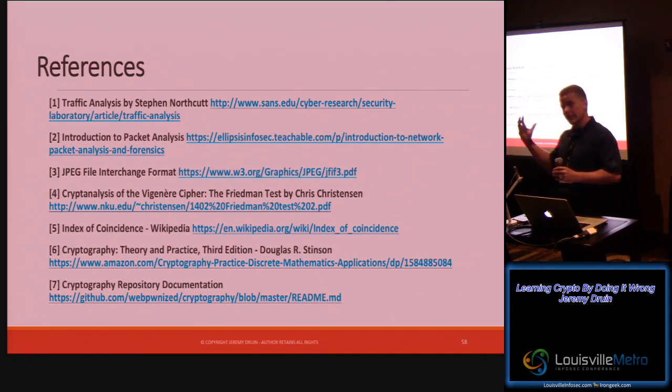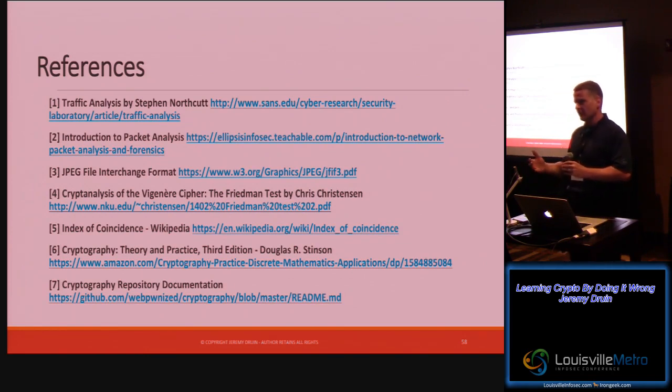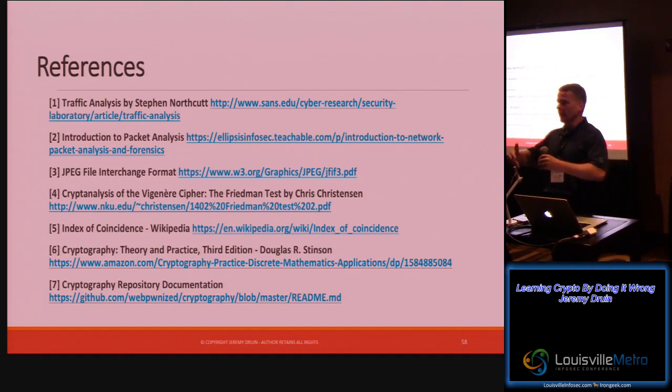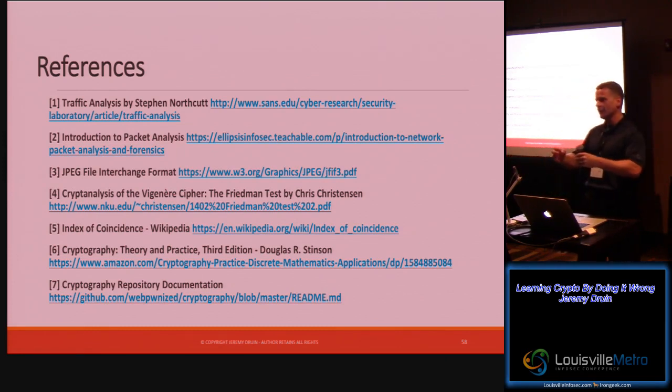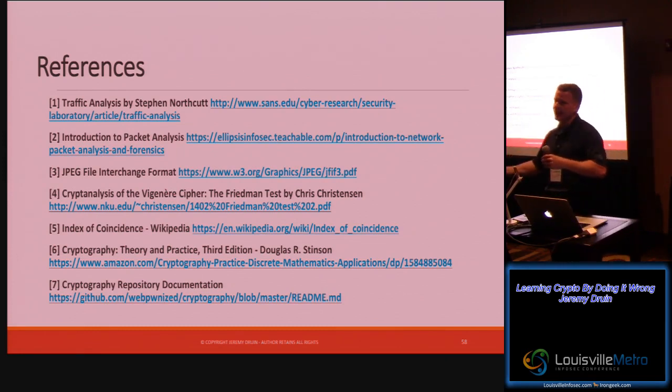And so they would just have to have the same set of skills to recognize, hey, when I run the statistics on this traffic, I'm noticing this about the mode, the median, the mean. I'm noticing this about the histogram, the Shannon entropy, and some other statistics. And that profile fits the pattern of what AES looks like.